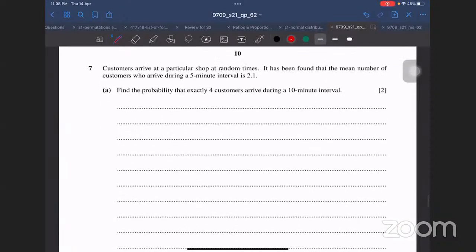Last question says customers arrive at a particular shop at random times. It has been found that the mean number of customers who arrive during a 5-minute interval is 2.1.